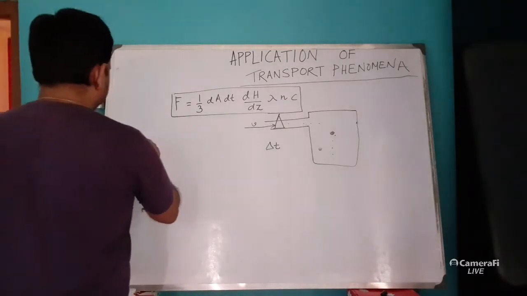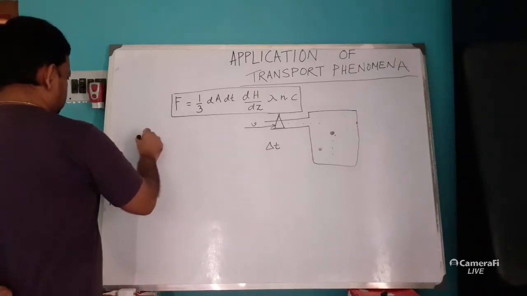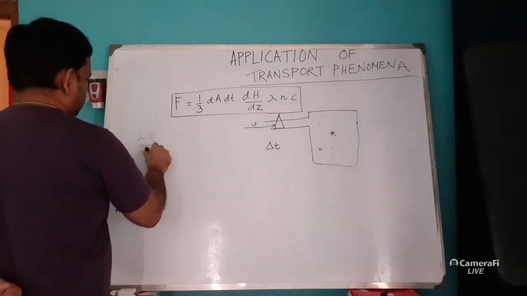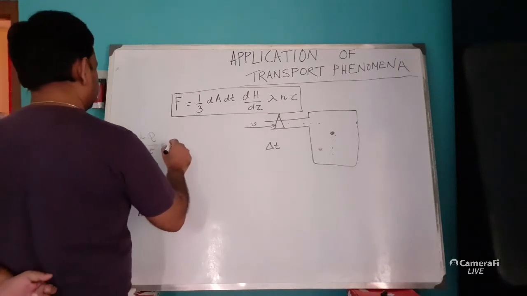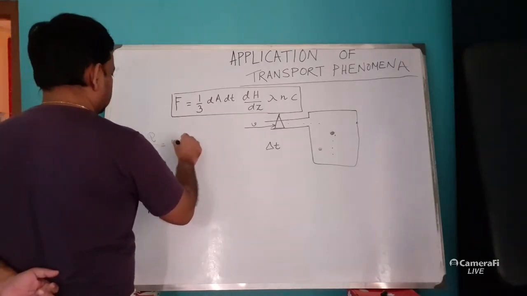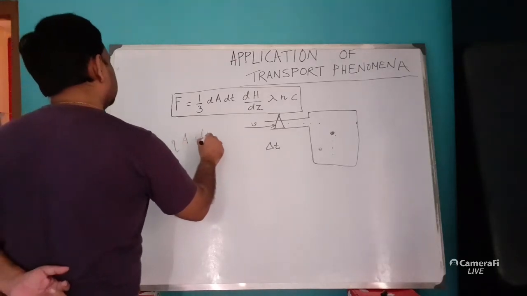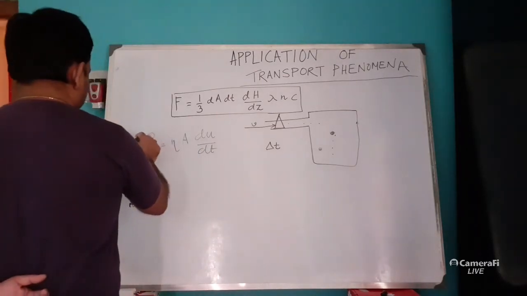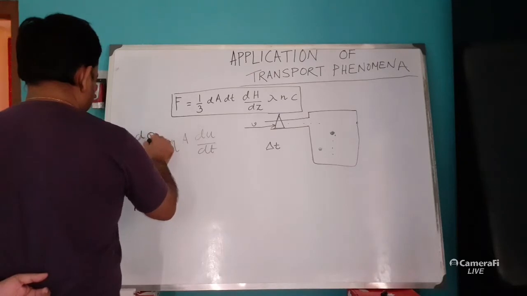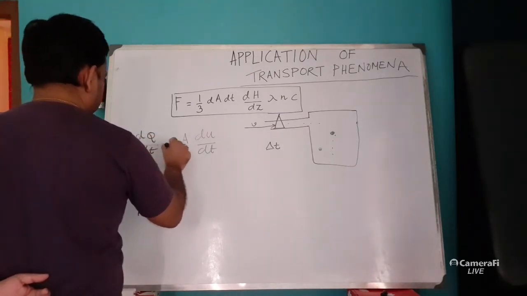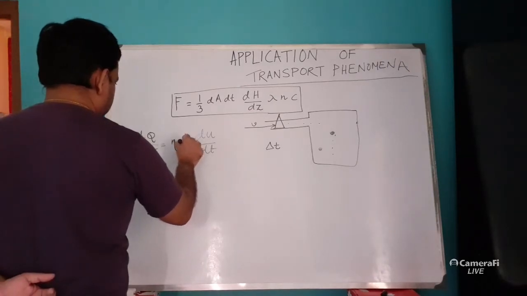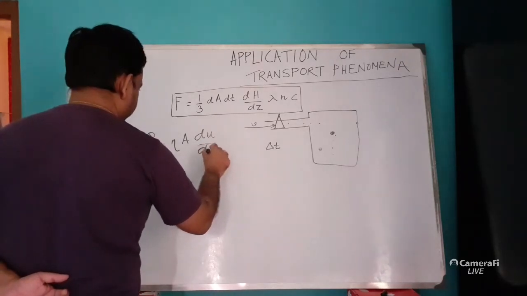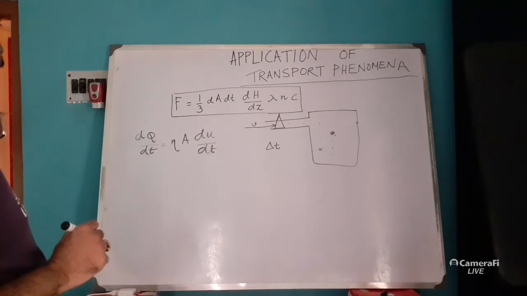So what is the viscosity formula? dq by dt is equal to eta A du by dz.